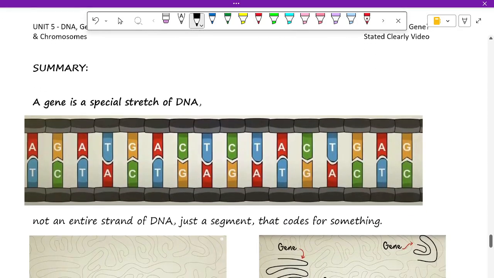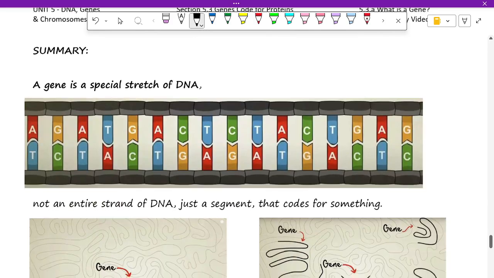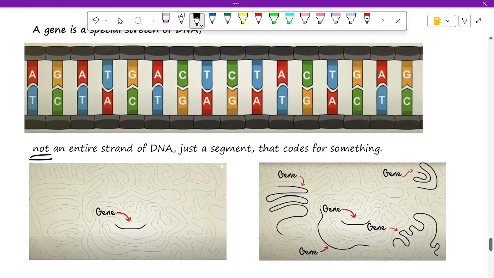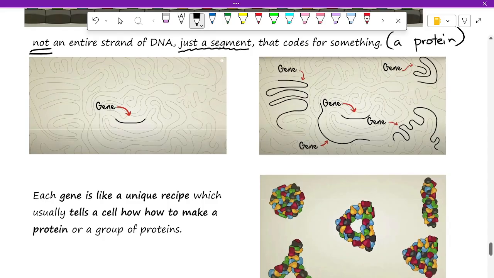Summary: a gene is a special stretch of DNA, not an entire strand, just a segment that codes for something. What does it code for? A protein. Each gene is a unique recipe that tells a cell how to make a protein.